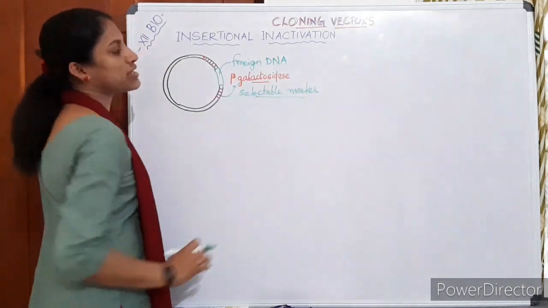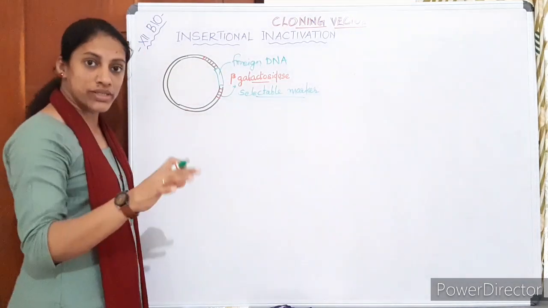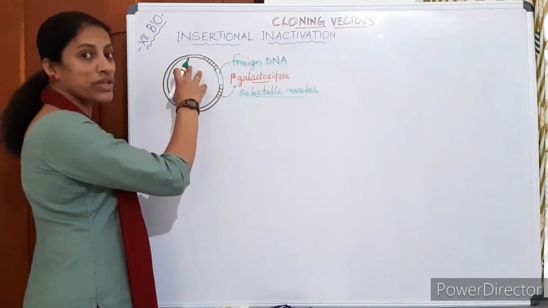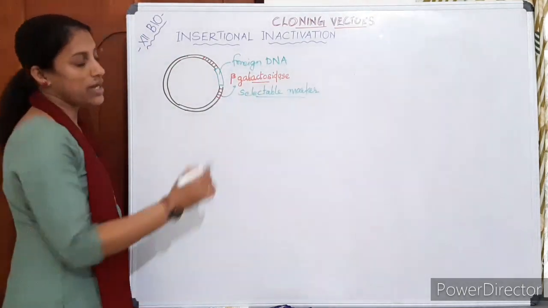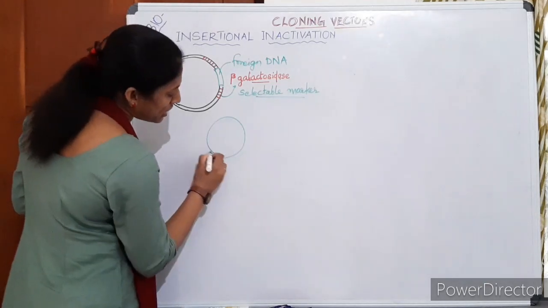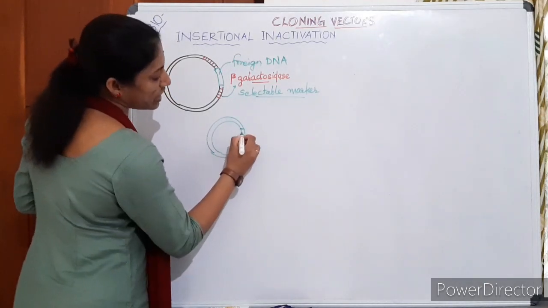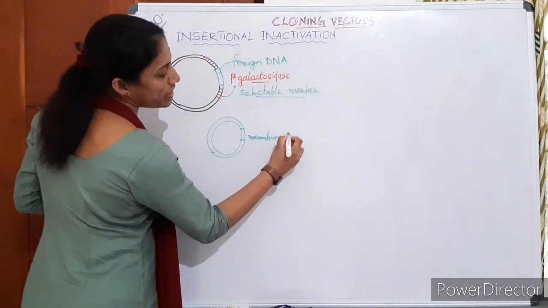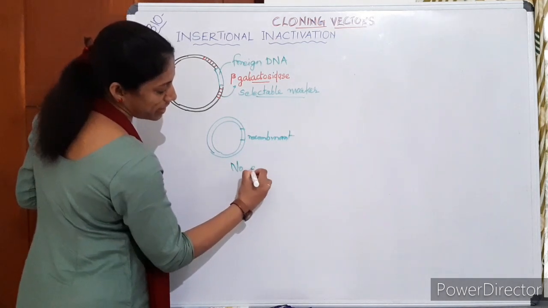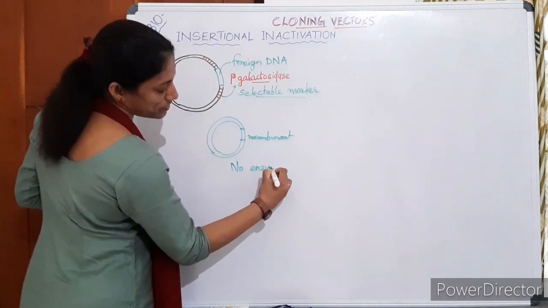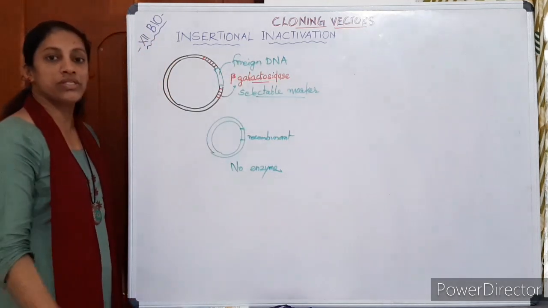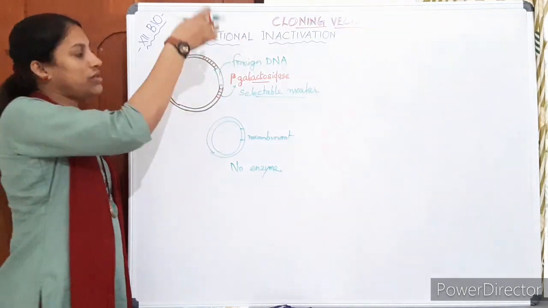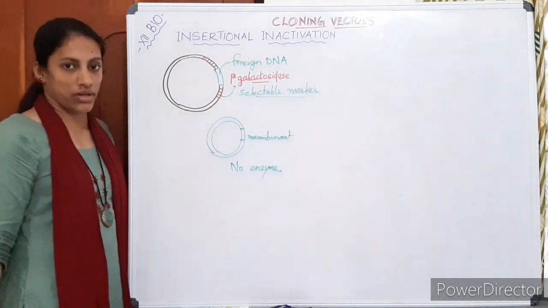Then this beta-galactosidase enzyme sequence is broken. That means this plasmid no longer expresses this enzyme. Understand the recombinants: if the recombination is successful, the recombinants will not produce the enzyme. Because of the insertion, because of the recombination, the enzyme sequence is broken.